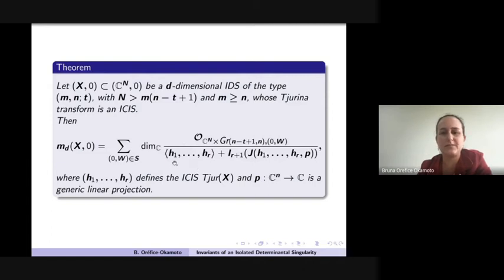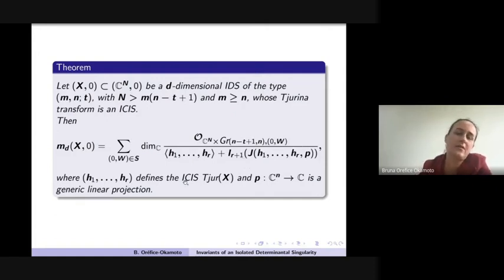This ideal is generated by the generators of the Teissier transform, where the Teissier transform is the variety of I_{R+1}, the minors of size R+1 of the Jacobian matrix of H1, ..., HR, P, where P is a generic linear projection.